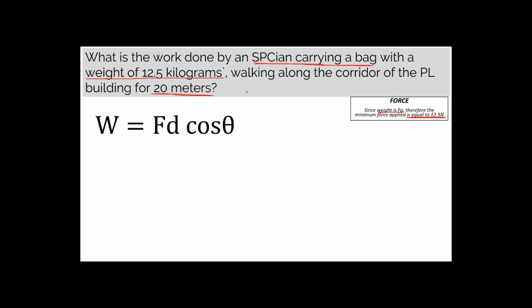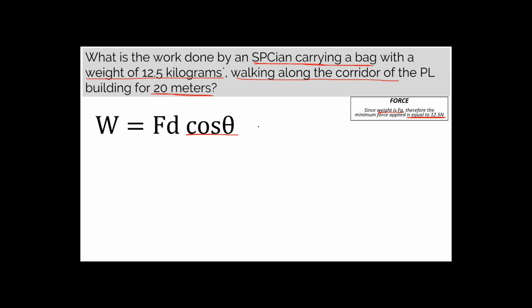So since in this case, there is no medium used and the student is walking along the corridor, okay, since the corridor is parallel to the surface, parallel to the ground, or it is horizontal, if the medium or the surface is parallel to the ground or horizontal, then the angle theta is equal to 0, or cosine 0.